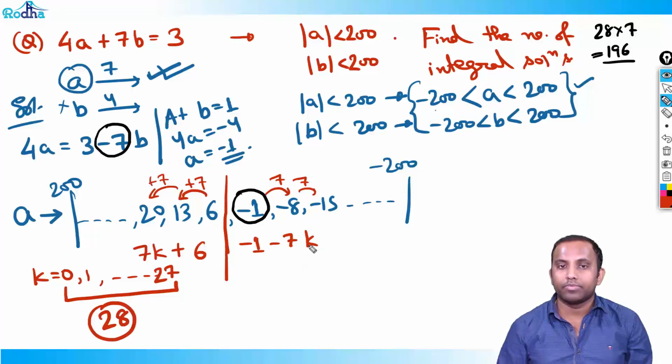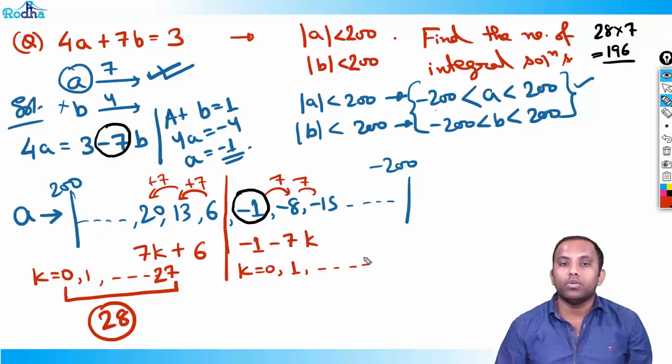For the negative part, -1 minus 7k. Again start with k equal to 0 as -1, k equal to 1 as -8, till -200. At k equal to 28, 28 into 7 is 196, and -196 minus 1 is -197.